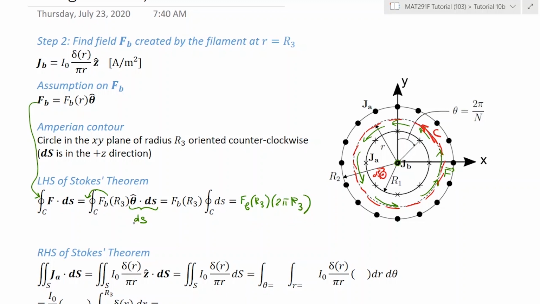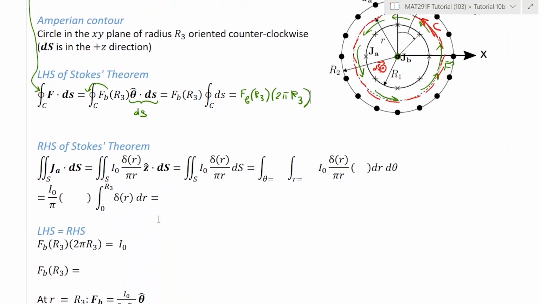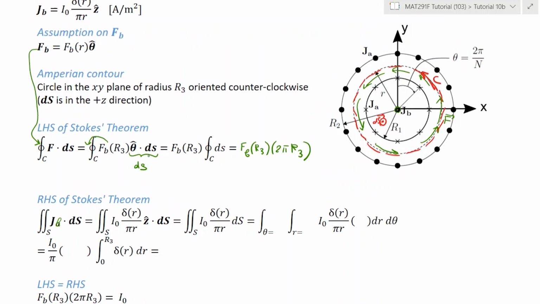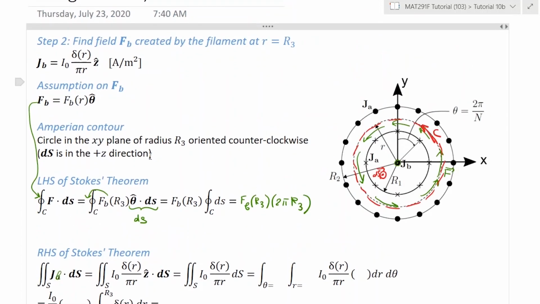On the right-hand side of Stokes' theorem, we have this integral. Sorry, this should be b. I will fix that if I don't forget. Then I plugged in the expression for jb right here.